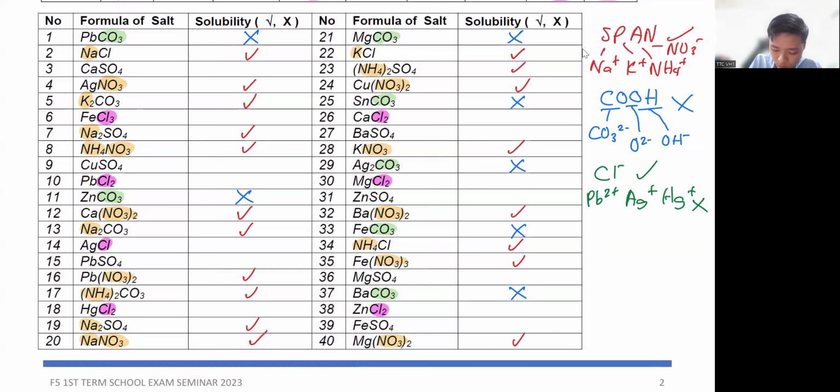So you can tick. Yeah, you can tick here. No, cannot tick. Sorry, wrong. Insoluble, insoluble, insoluble for the three. FeCl3 is soluble. Wait a minute.